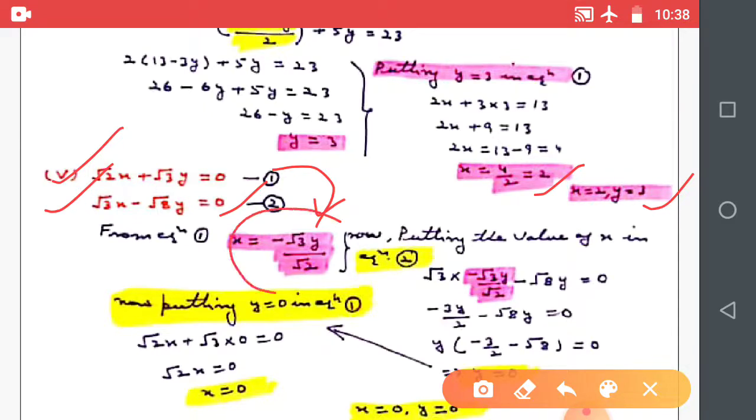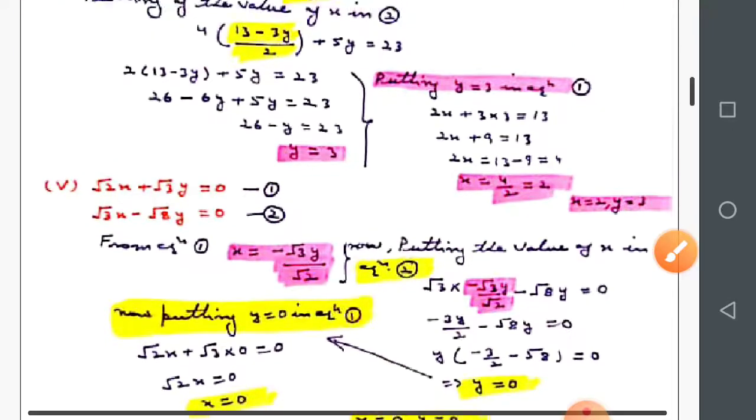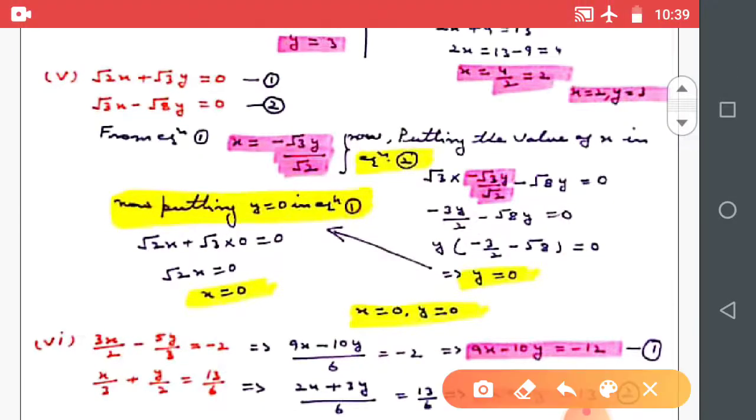Now after putting this value in equation 2, we get the value of y as 0. The value of y is 0 when we put x is equal to minus root 3 upon root 2 into y in equation 2.